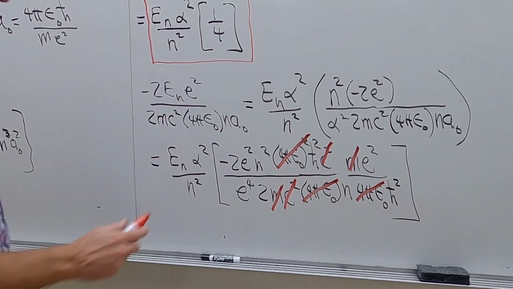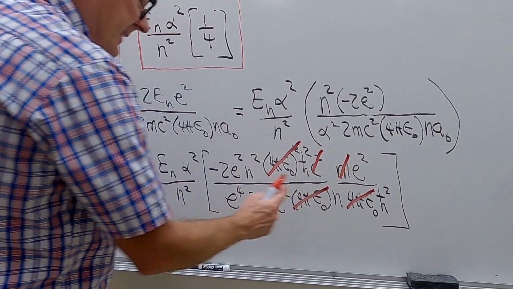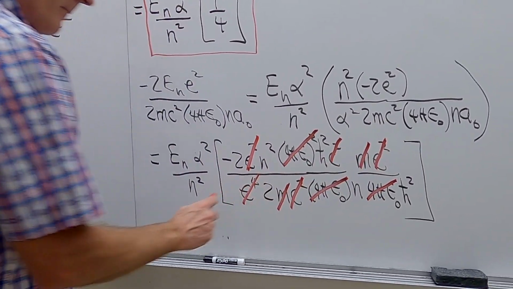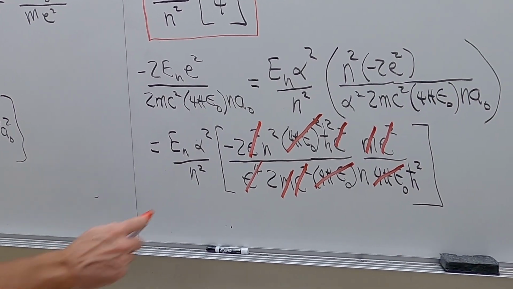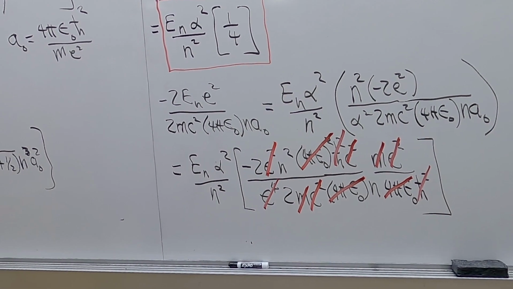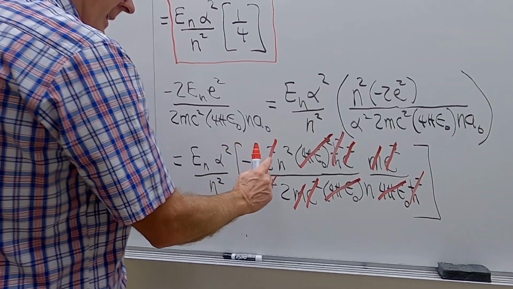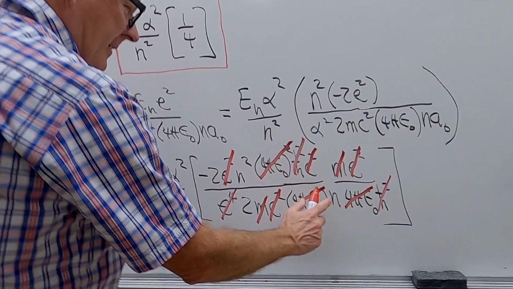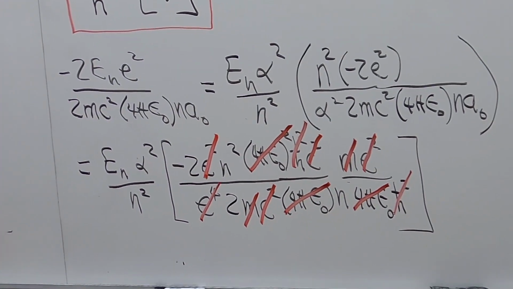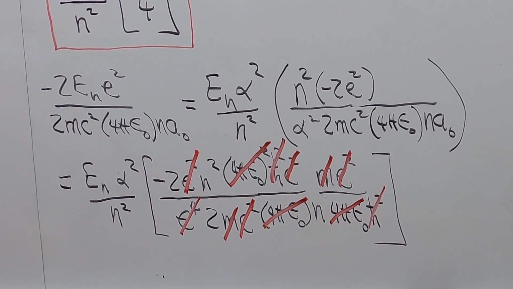We got an e squared, that's e to the 4th over e to the 4th. That's all gone. We got an h bar squared and an h bar squared. We have an n squared and an n. So that means it just gets rid of one of the n's. I just wanted to make sure we only have one n.